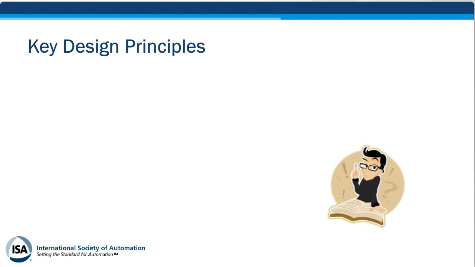So, key design principles. Every alarm should have a defined response. What does the operator do when they receive the alarm? If it is just to push the acknowledge button and be aware that something happened, that's not an alarm, and you've got to push back on the facility when they try to deem an alarm that is just pushing the acknowledge button.